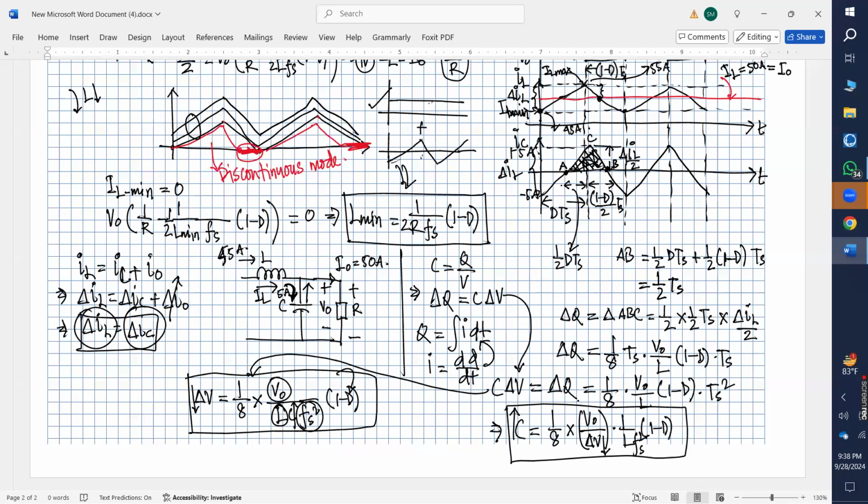So in order to avoid the ripple in the output voltage, we make sure that the capacitor value is so high that this ripple will become very small, so that the output voltage at the load will have very little ripple, or in other words, output voltage would be purely DC. Make sense?